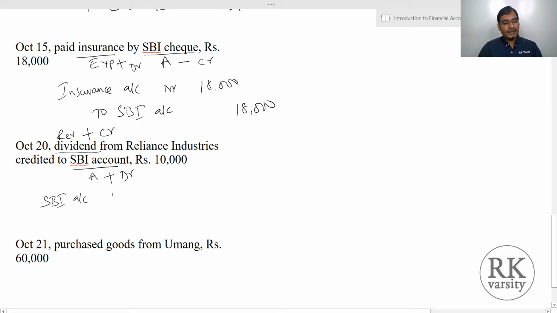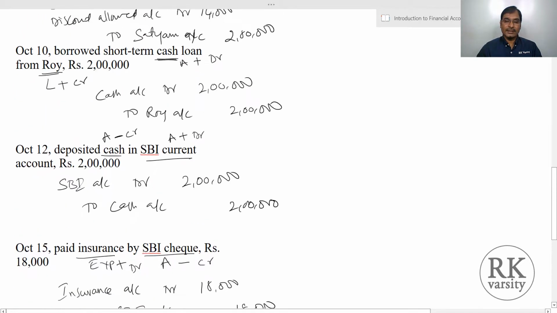So our journal entry is SBI account debtor to dividend received account, and how much is the amount? 10,000. Now already we have an SBI account, so this is an increase in your asset, and increase in asset is a debit.